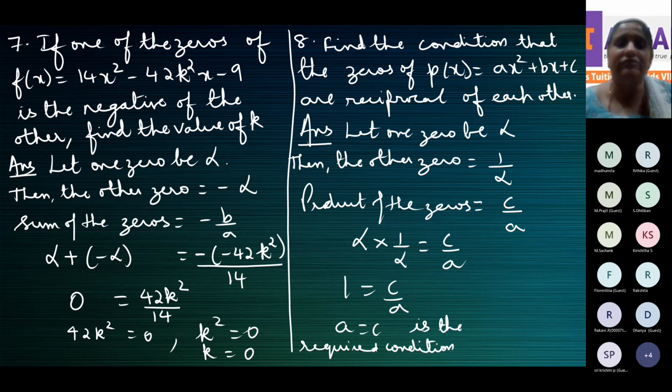If one zero is alpha, the other one is minus alpha. If they're reciprocals of one another, if one zero is alpha, the other one is 1 by alpha. So instead of alpha and beta, you must assume alpha and minus alpha or alpha and 1 by alpha according to the situation. Am I audible, children?